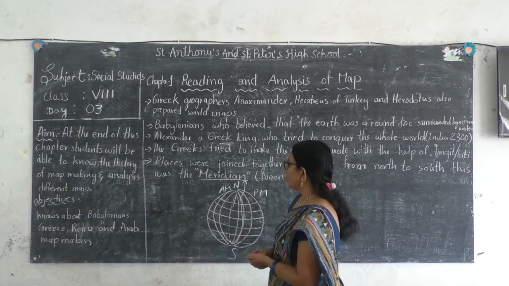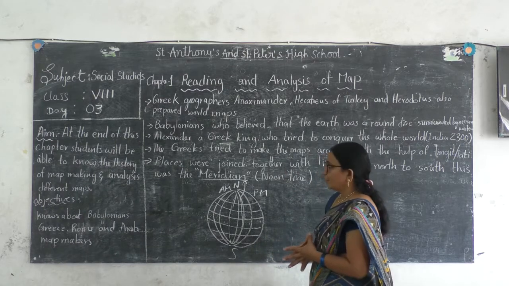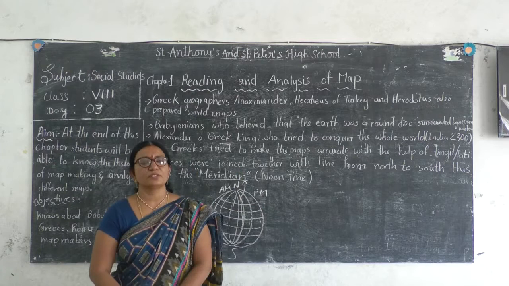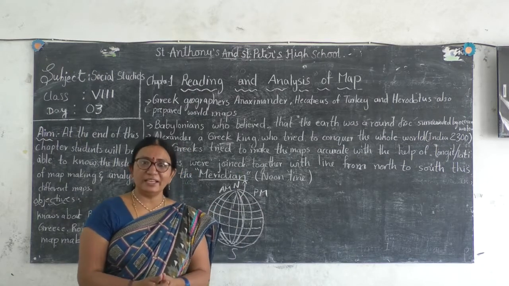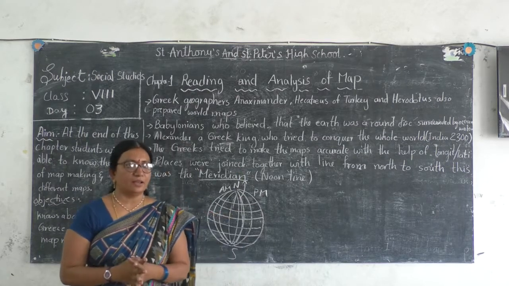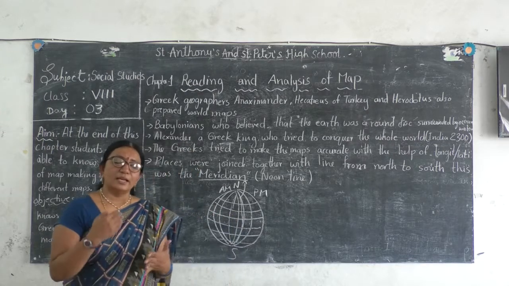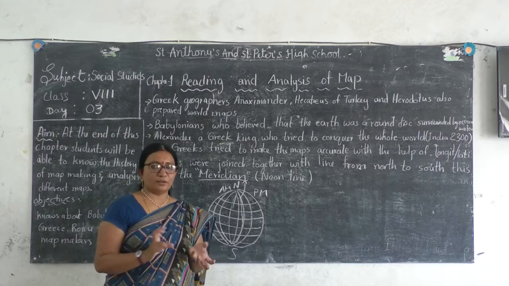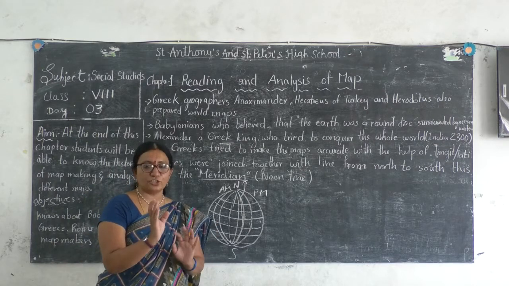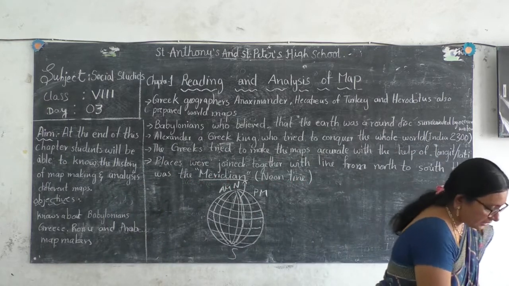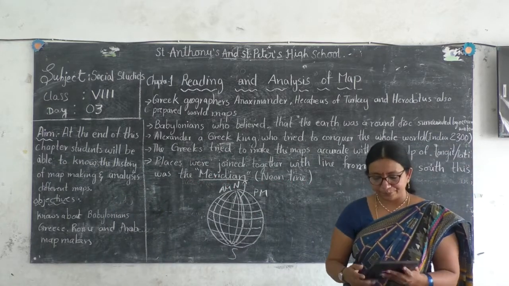Then coming to Ptolemy, he believed that religion is the main basis, and according to him he made all the continents based on Asia in the center. So this is how we can observe the maps made by them.